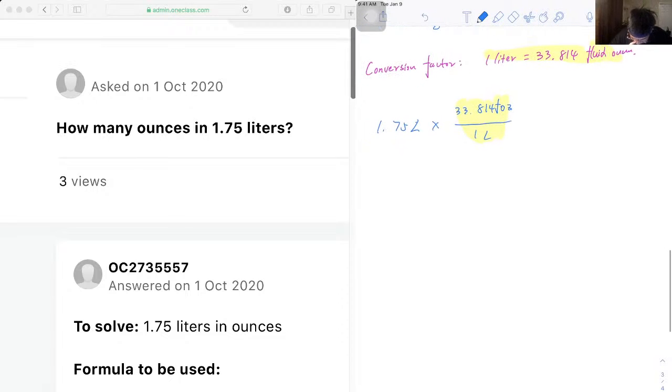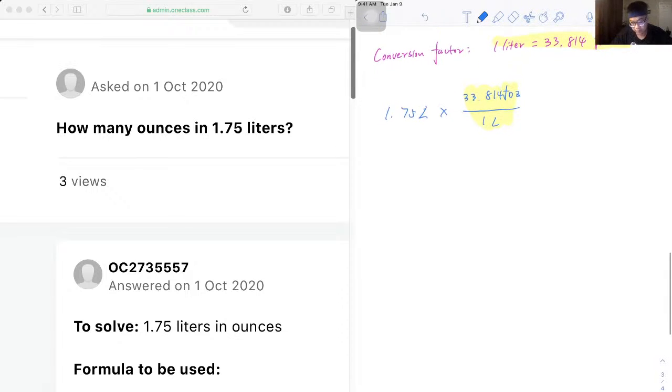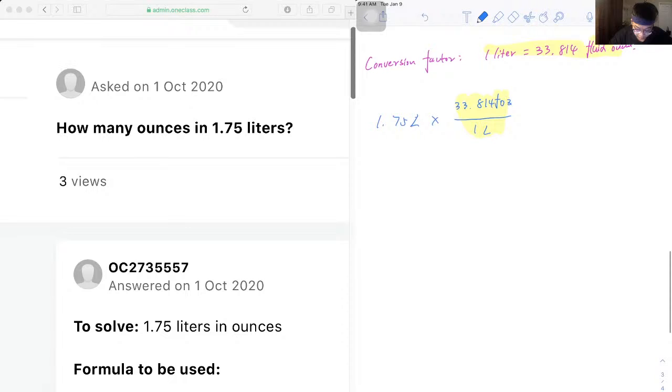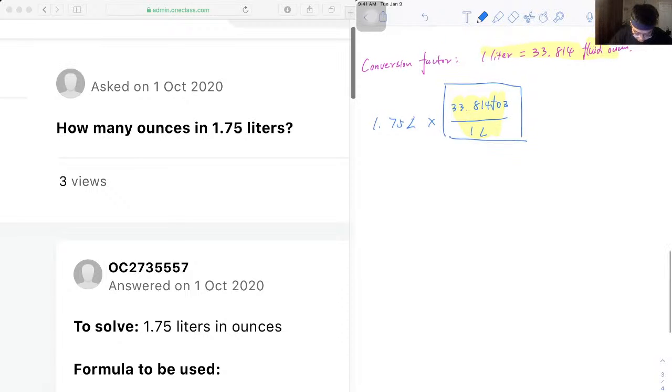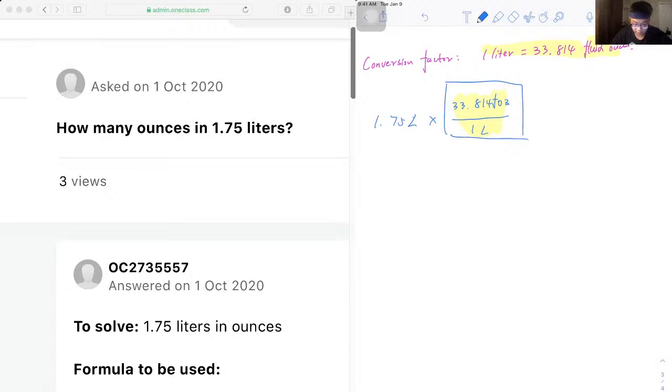The reason why this does not change the original value of 1.75 liter is that in this particular fraction, the numerator and denominator are exactly the same thing, and the only difference between them is their unit. So in order to cancel out the liter, we put the liter unit as a denominator so it can cancel out, which will give us the ounces.